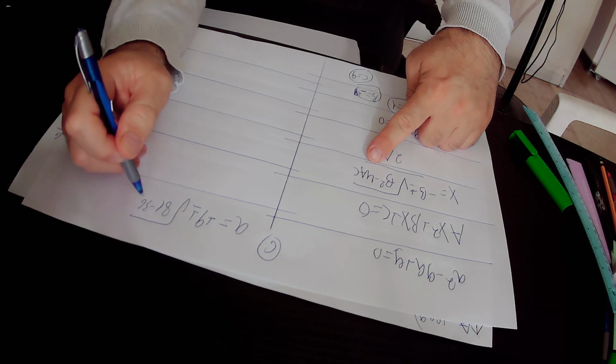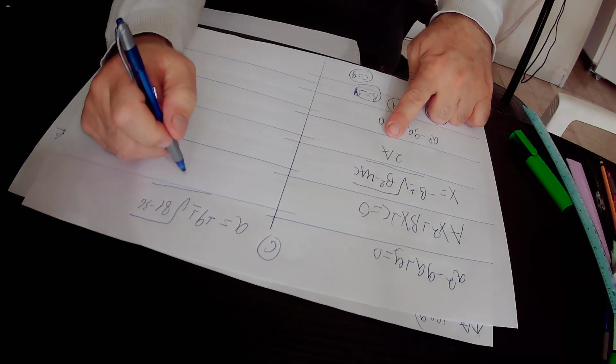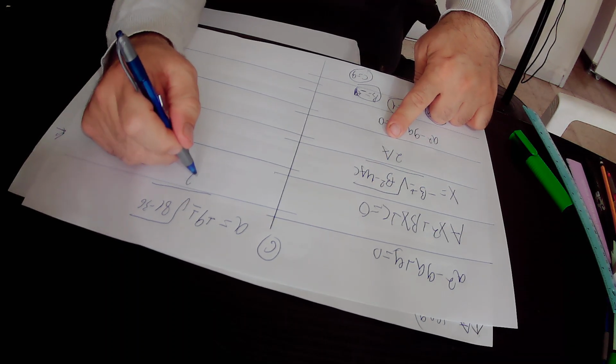So inside the root we have 81 minus 36, divided by 2a. a is 1, so 2a is 2 times 1, that is 2.